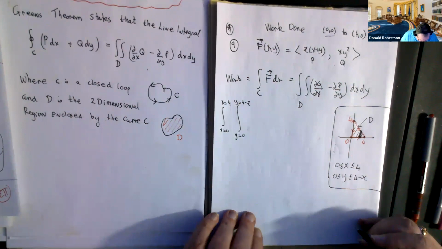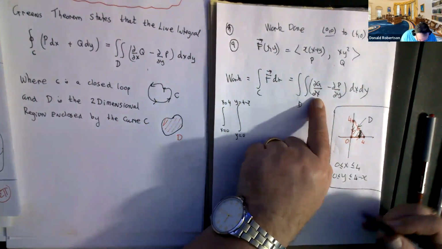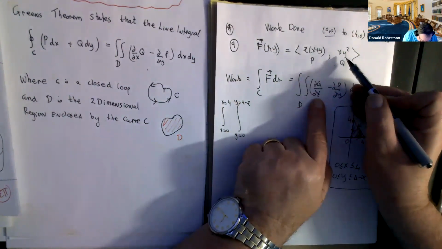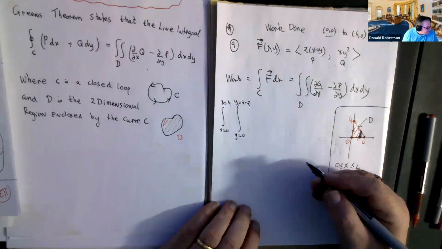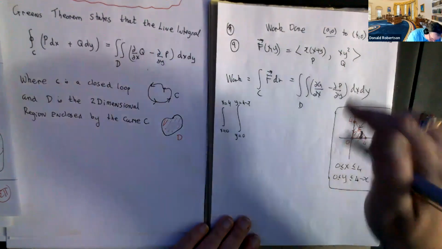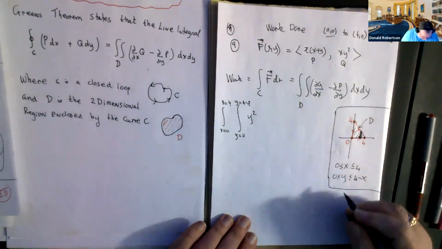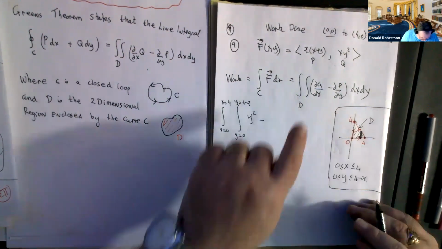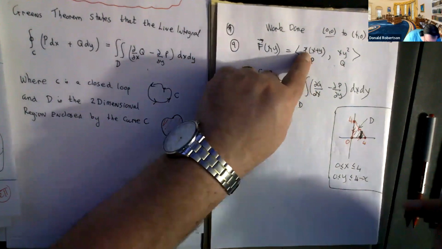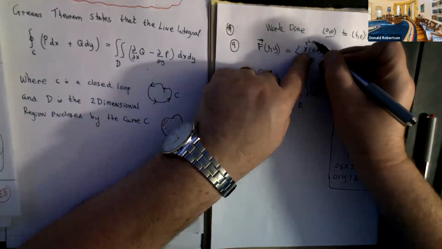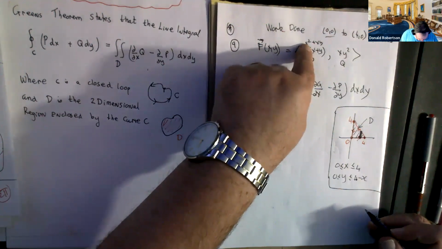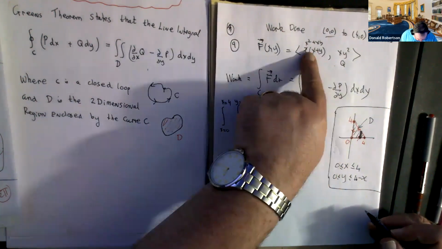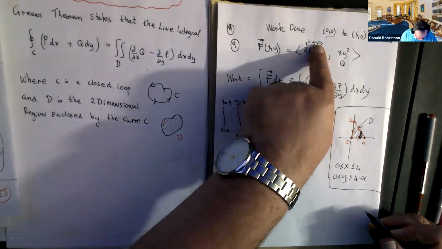And now I need to find the derivative of this guy with respect to x. Well, the derivative of this guy with respect to x is y squared, take away the derivative of this guy with respect to y. So I probably should have written it like that. And if you do that one, it gets you 0 with respect to y, and this guy gets you an x.